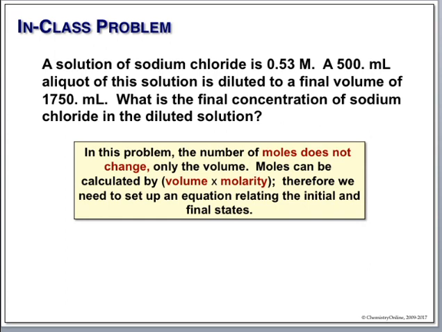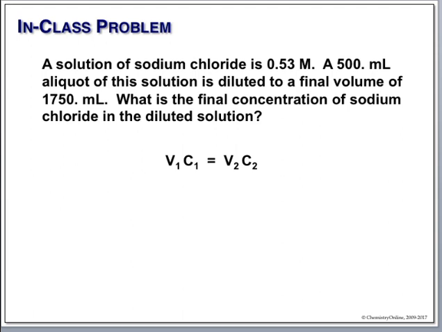For our final state, we want to know molarity, so we're looking here for the final concentration. We know our final volume here is 1750. Our initial volume is 500, and our initial concentration is 0.53. So 0.5, 0.53, 1.75, and this is our unknown.